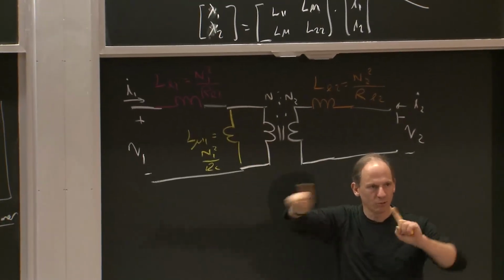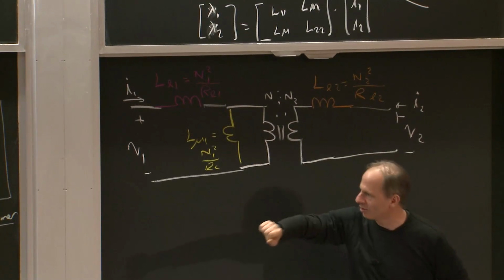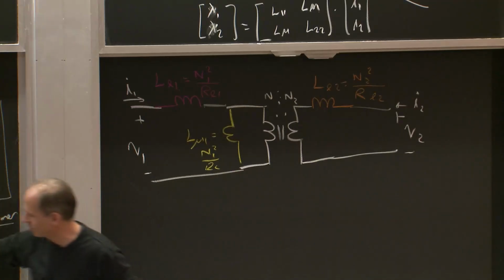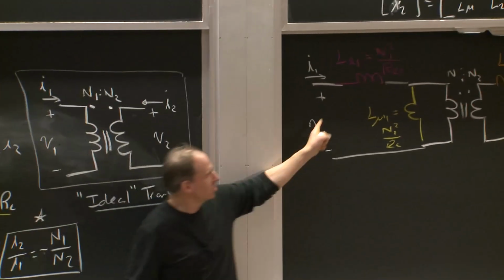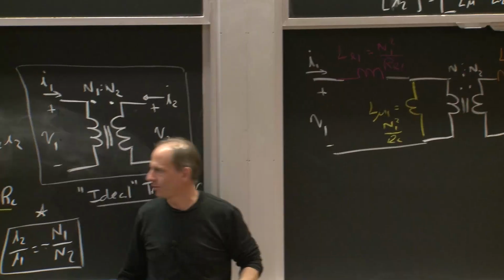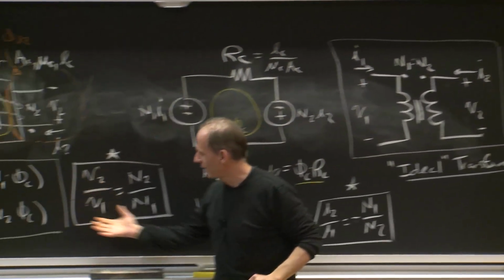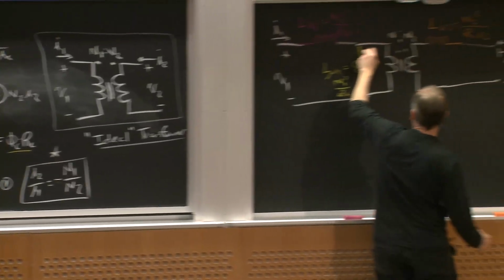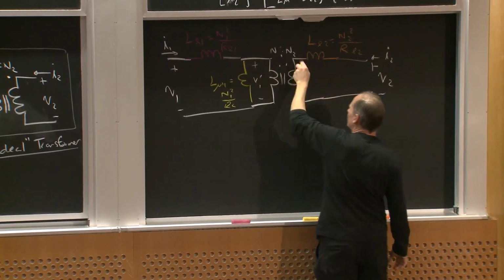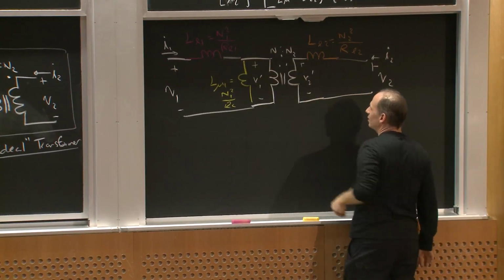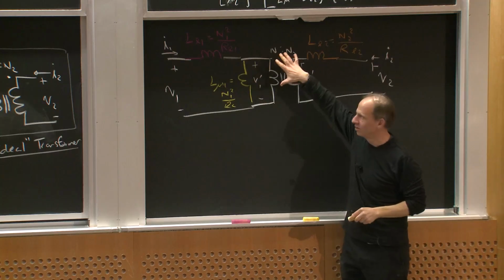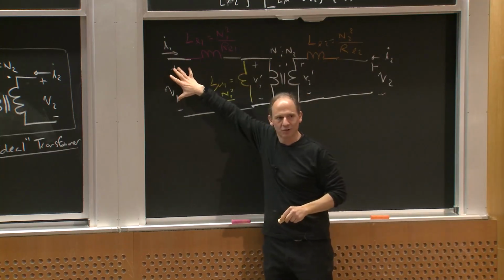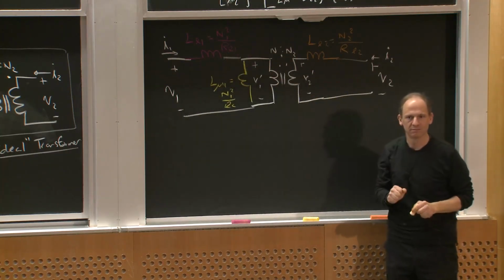And so whereas the magnetizing inductance created a mismatch in the current relationships between the primary and secondary currents, deviating from my ideal current relationships, the leakage inductances that I would add on mess up the ideal voltage transformation. Because if I called these V1 prime and V2 prime, these follow the ideal voltage relations, but the actual voltages at the transformer terminals do not.